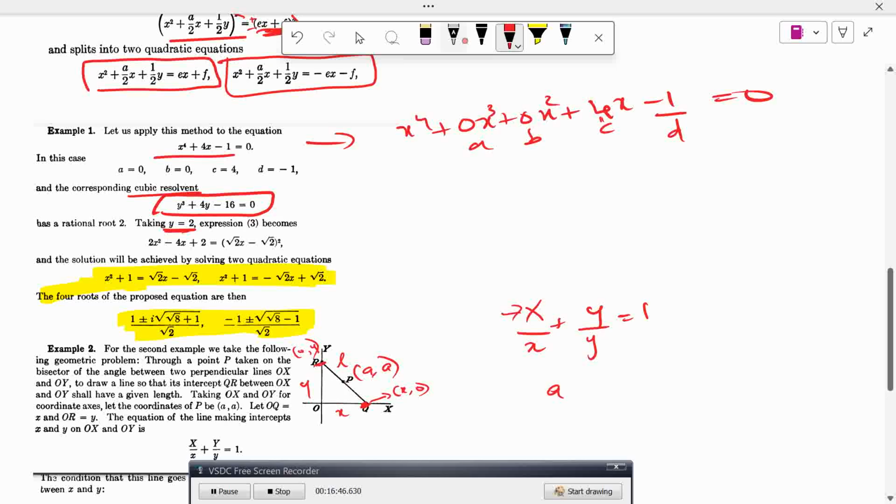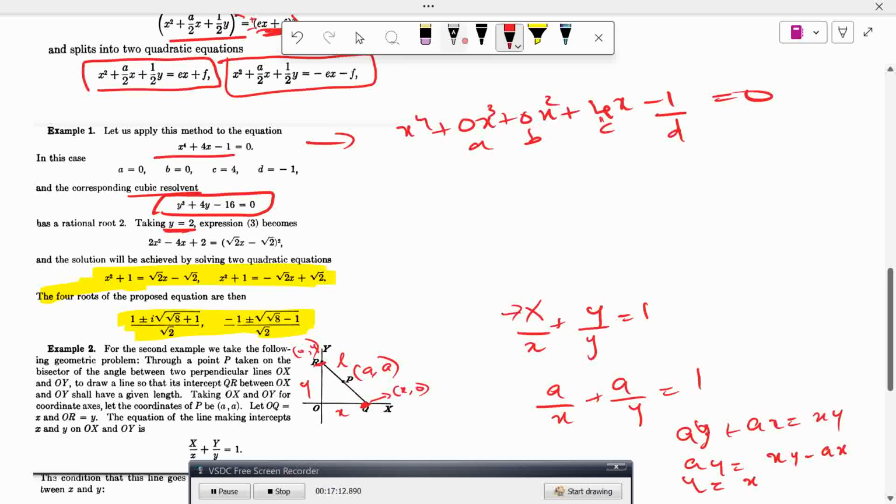So this will be written as a by x plus a by y equal to 1. So this is nothing but ay plus ax equal to xy, and ay is equal to xy minus ax.